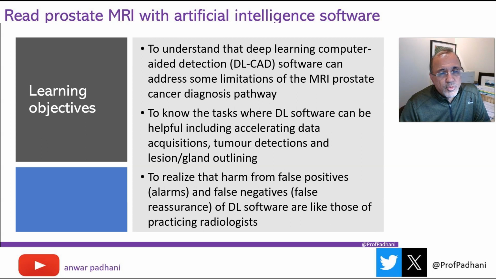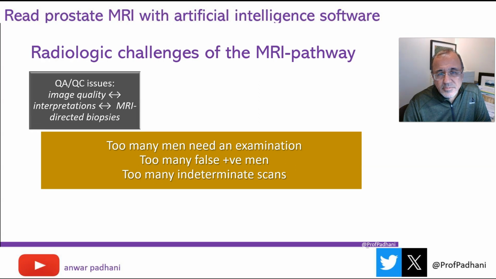But also, more importantly, to realize that some of the harms from false positive detections and false negative misses of deep learning software, in fact, are very similar to that of human readers.